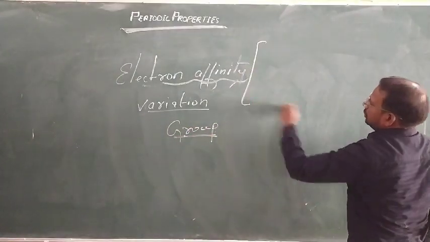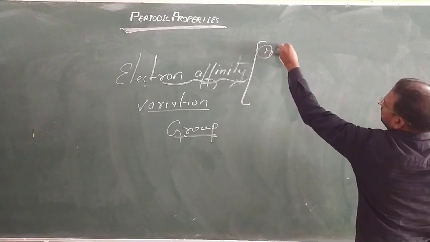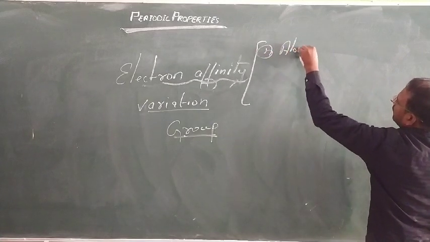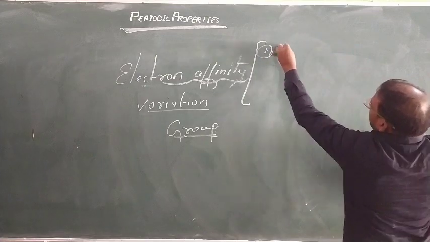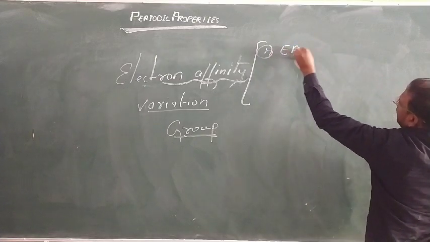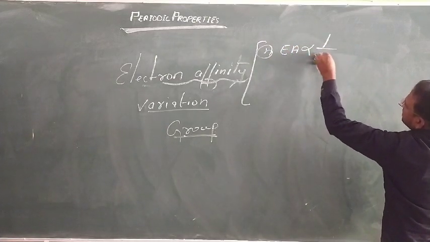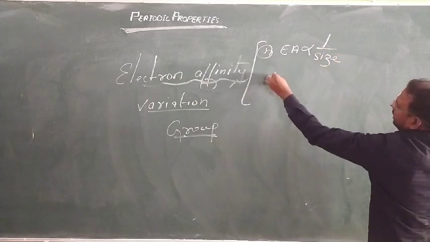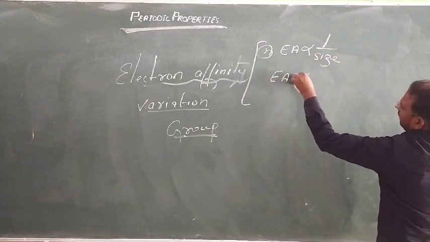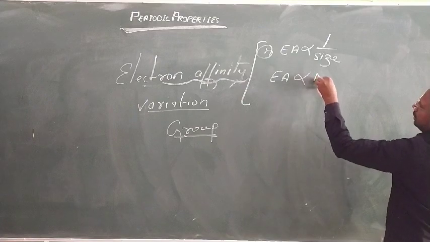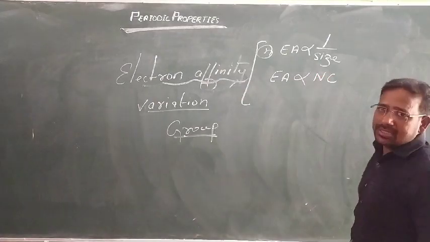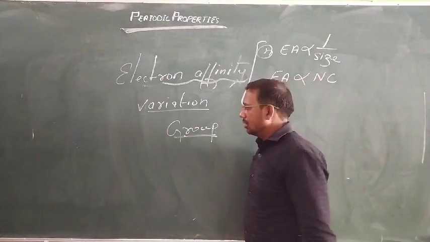Electron affinity also depends on two factors. First one is that electron affinity is inversely proportional to size, and electron affinity is directly proportional to the nuclear charge. NC means nuclear charge.